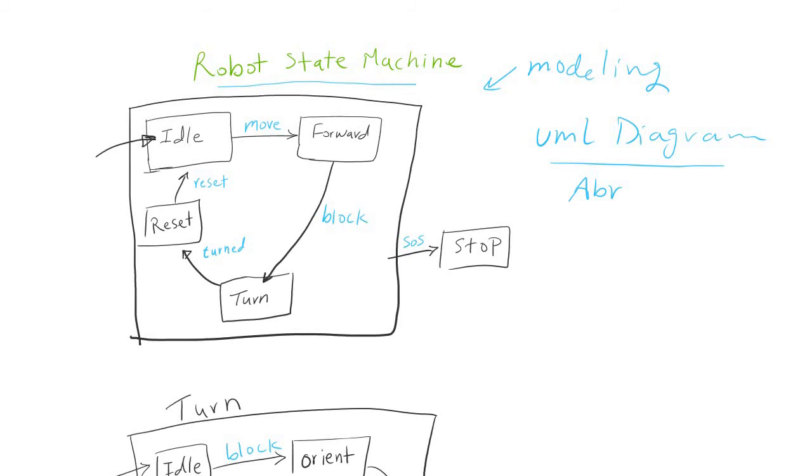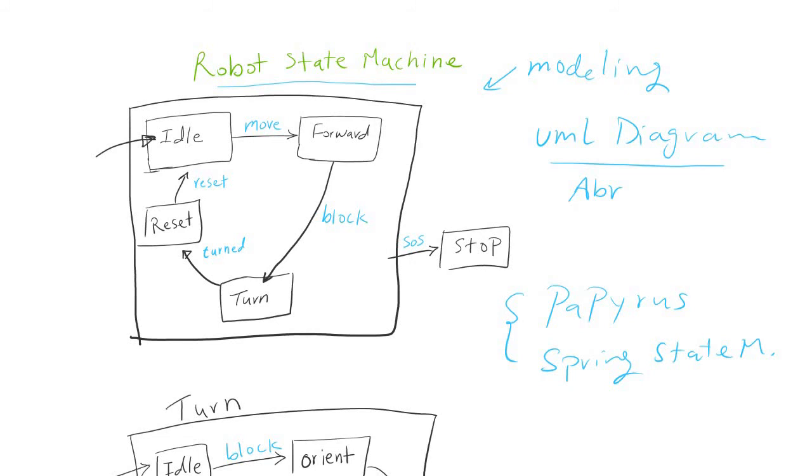So for now, we just concentrate on what kind of state machine we need, and later I will introduce you to tools like Papyrus and also the Spring state machine framework, which help us to realize this model.